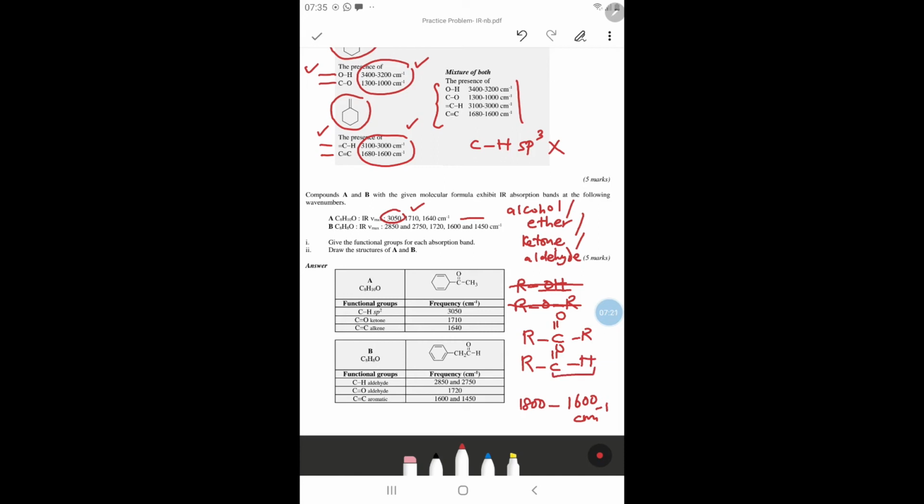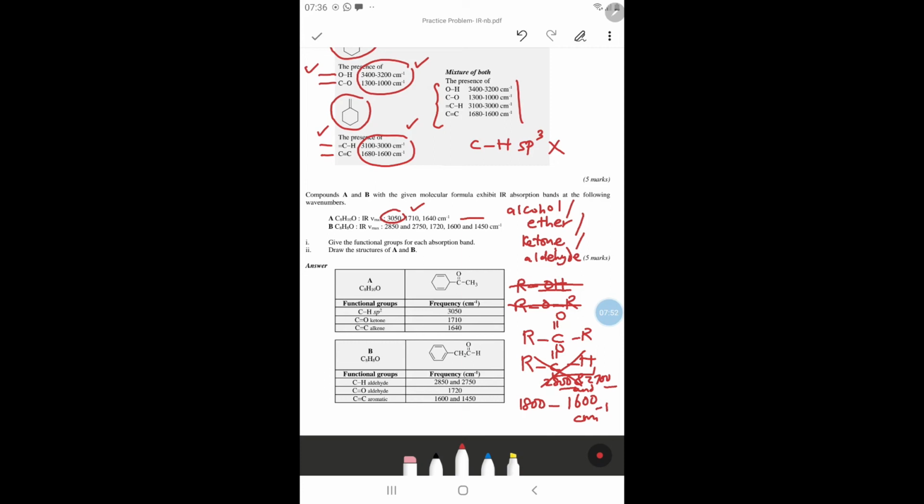The frequency for CH aldehyde is 28 something and 27 something. For CH aldehyde, the frequency must be these two, because in the spectrum they appear as two peaks. But when you look at the list, you don't see any CH aldehyde. So automatically, aldehyde is not in your list.